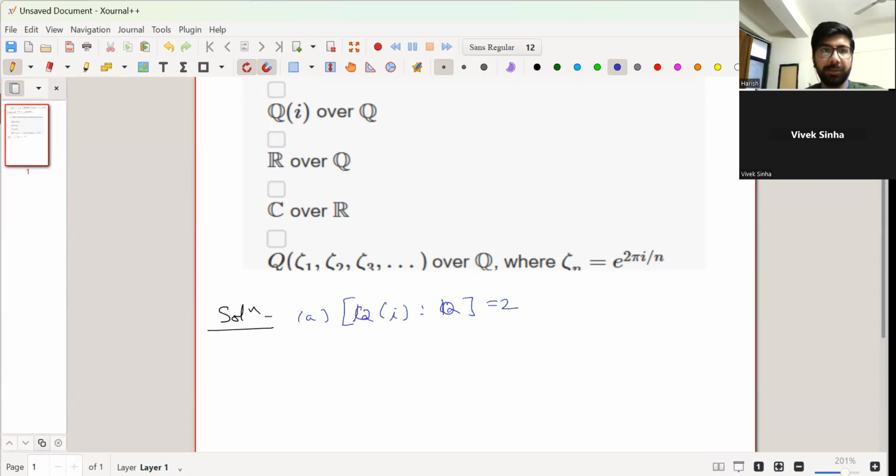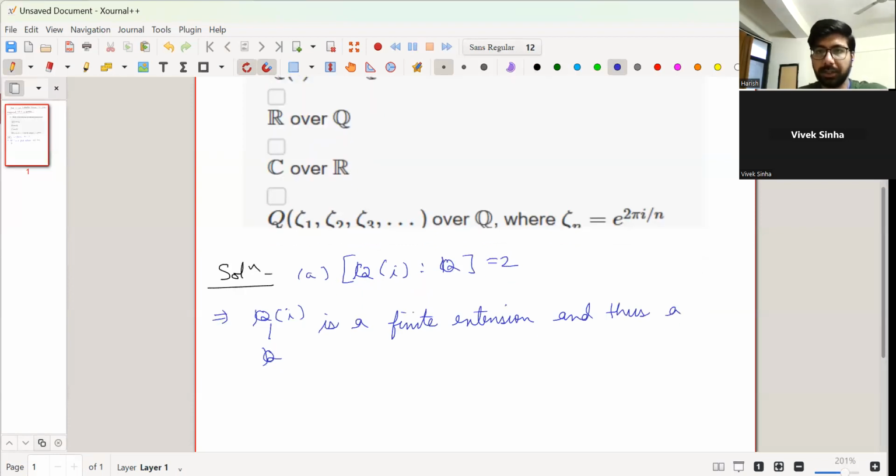So this implies Q(i) over Q is a finite extension, and thus an algebraic extension, because every finite extension is an algebraic extension.